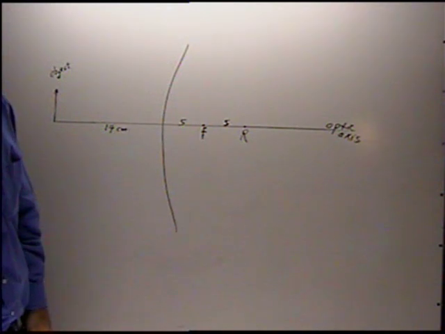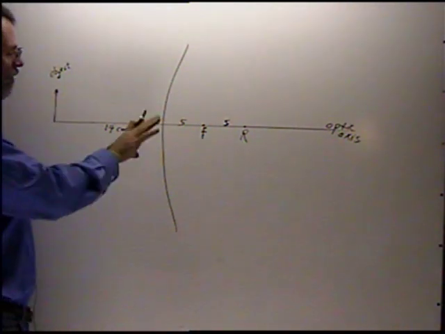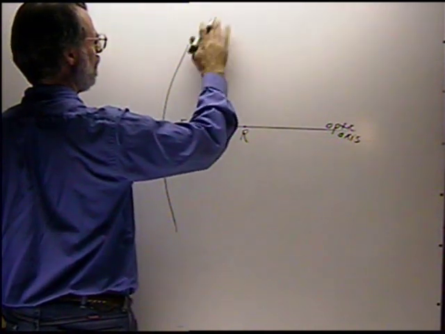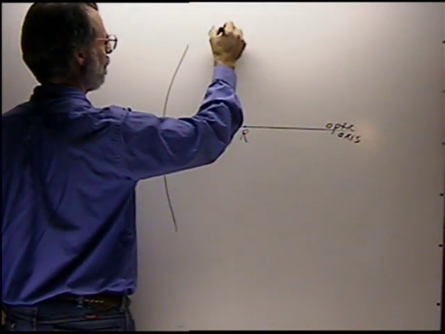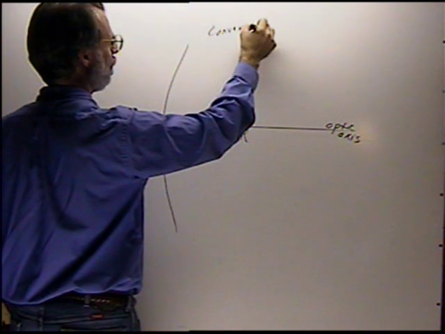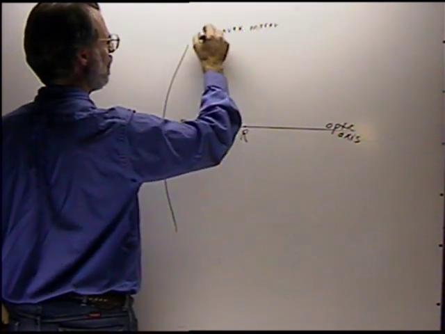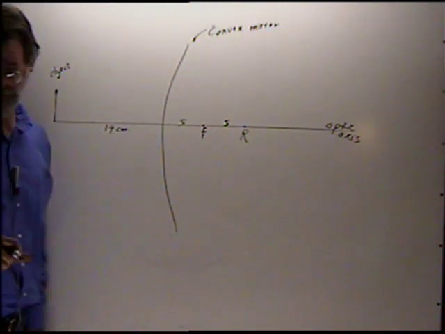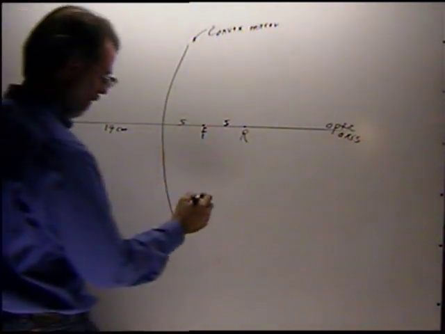Okay, so the question is, where's the image to this? Again, this is a convex mirror. We always do our problems from the left to the right. Again, do the exact same thing.